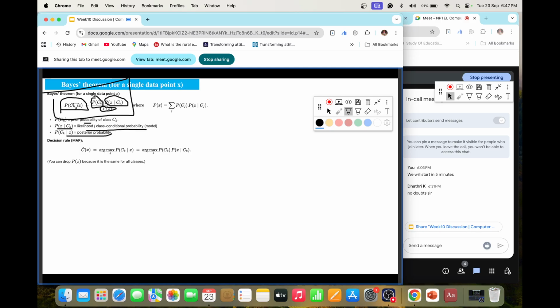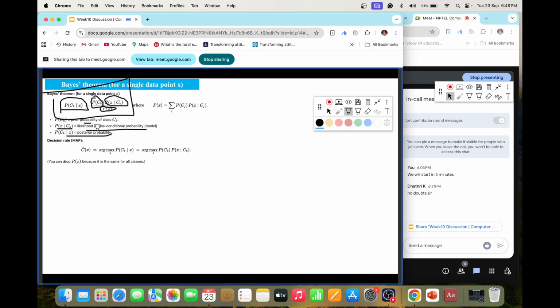Given a data point, we calculate the probability of each class, and for the class where we get the maximum P(C_k|x), we will say that the given data point belongs to that class. So that is Bayes theorem.